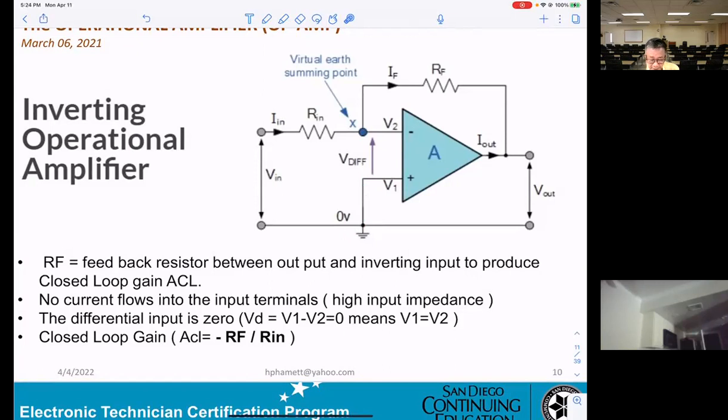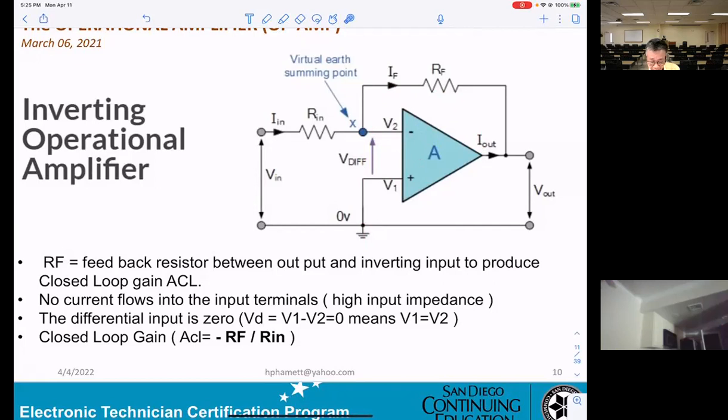Okay, and when the current coming in gets up to this point here, the virtual root, it cannot go down, same potential. It cannot go into the op-amp, high input impedance. So it will go this way.